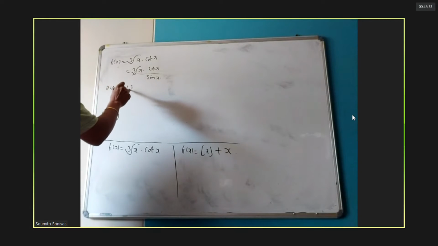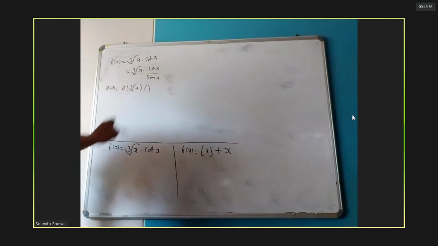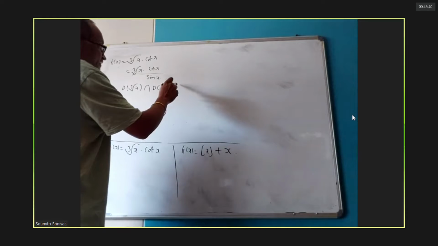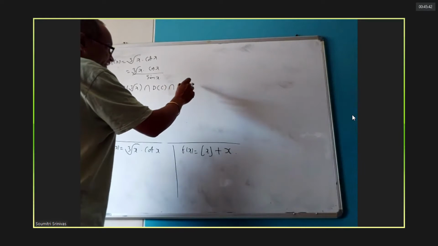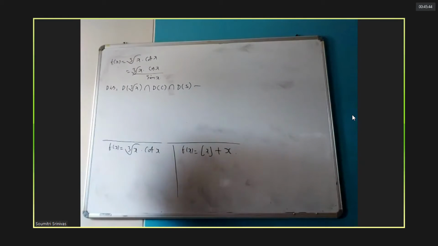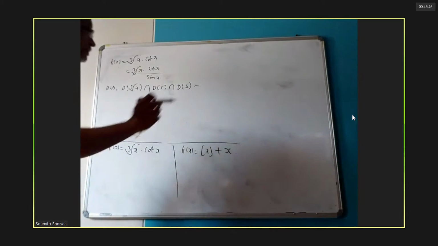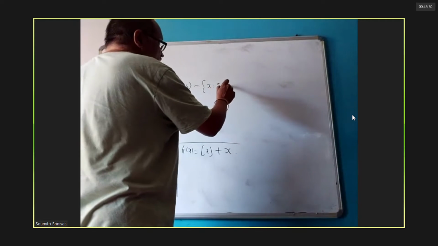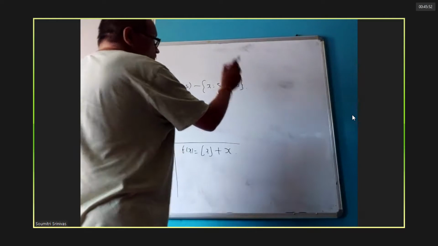Domain of cube root of x intersection domain of cos x intersection domain of sin x minus, can denominator become 0? Set of all those x where sin x is equal to 0.